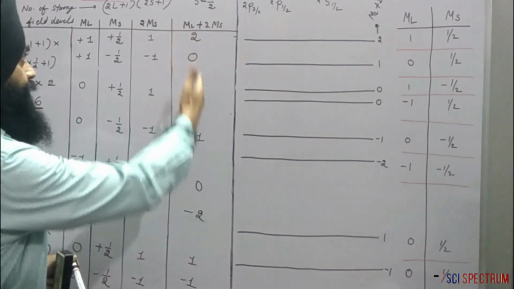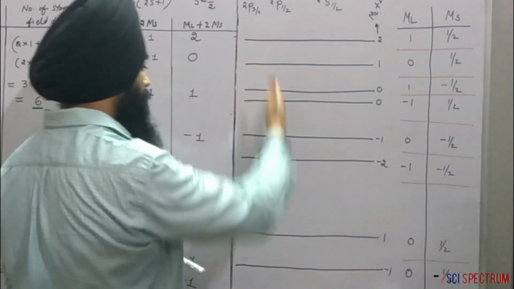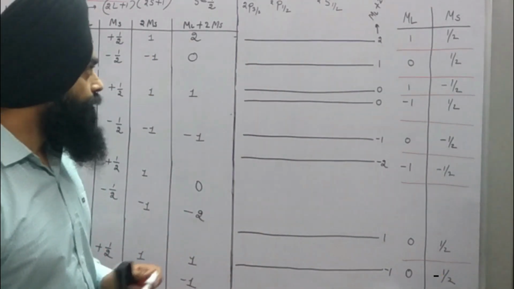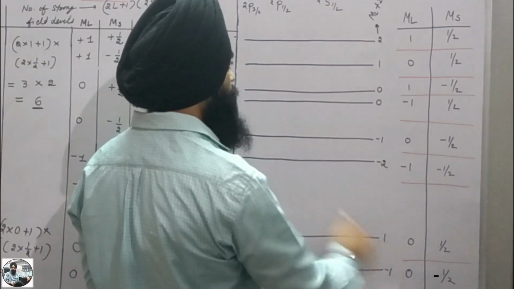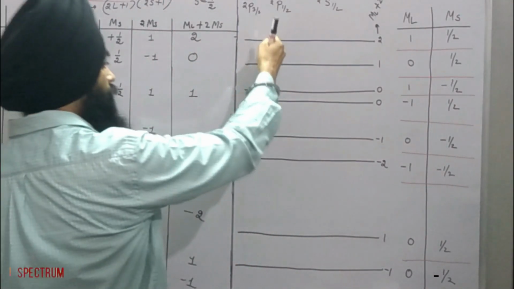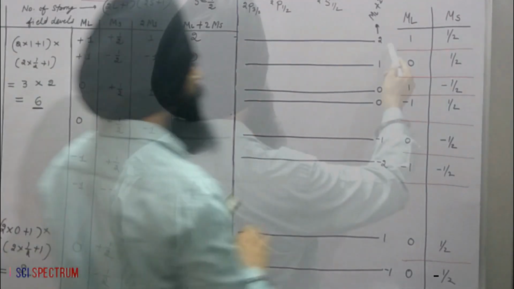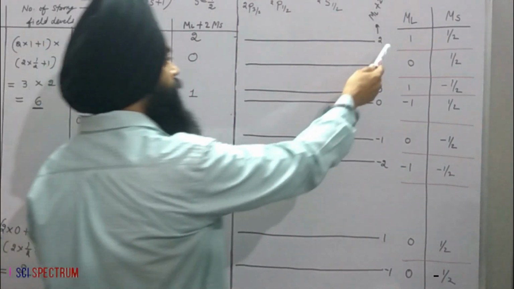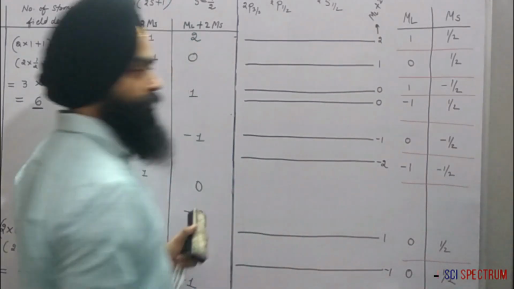So these are the Lorentz shifts we have drawn here, like we have done in the anomalous Zeeman effect. So we have ml plus 2ms values we have settled here like this. For the state of 2p, these are all 2p states, 2p 3 by 2 and 2p 1 by 2, and this is according to the decreasing order 2, 1, 0, minus 1, minus 2.